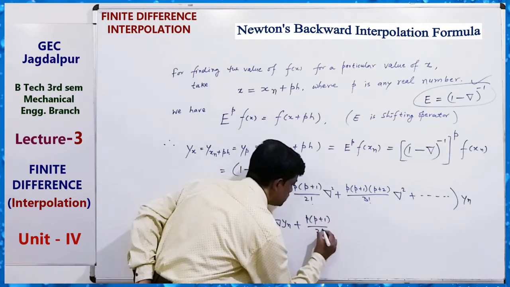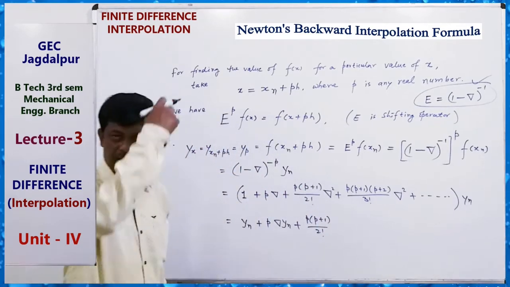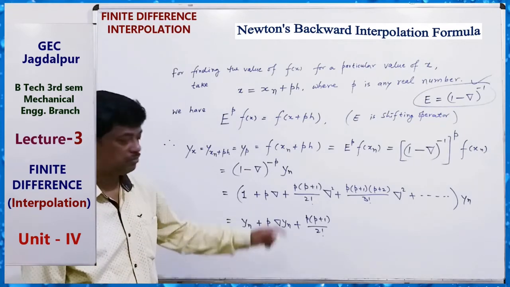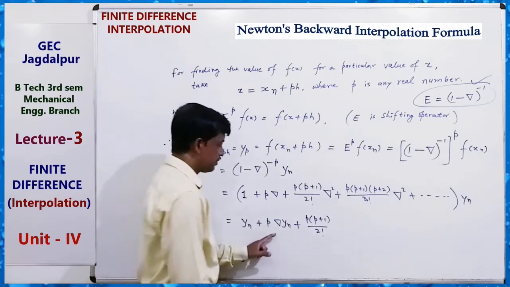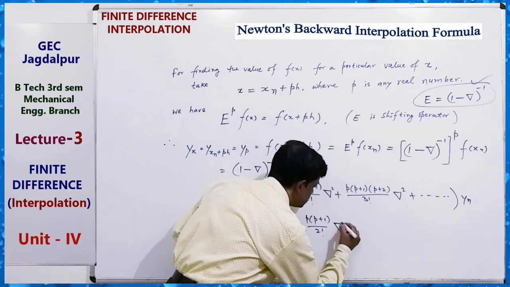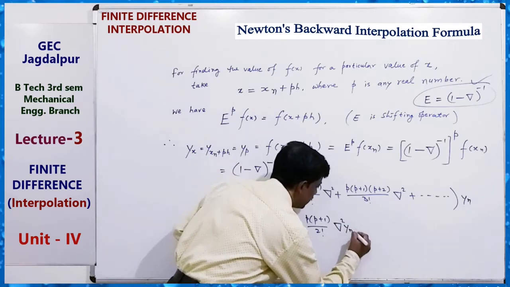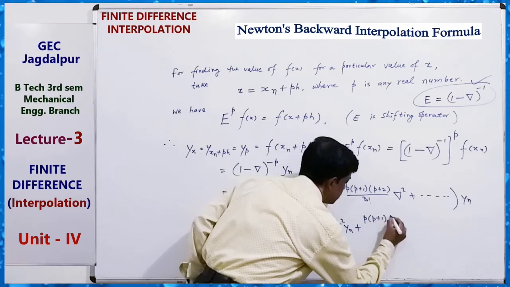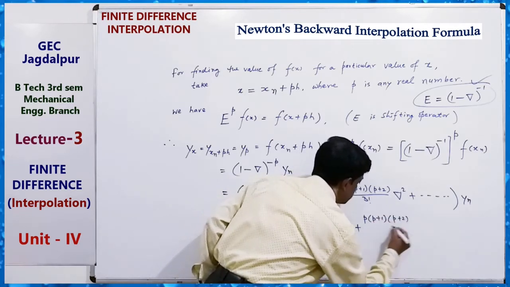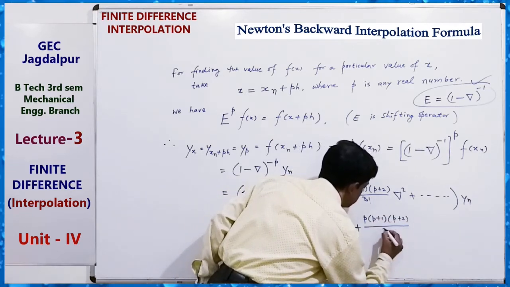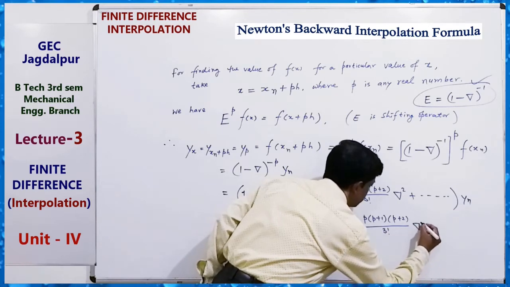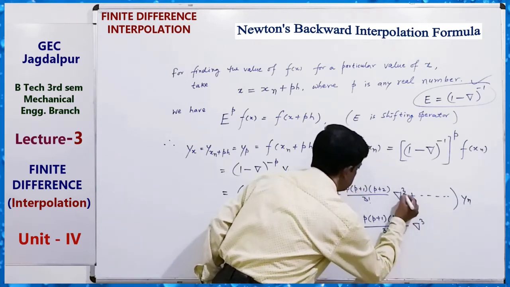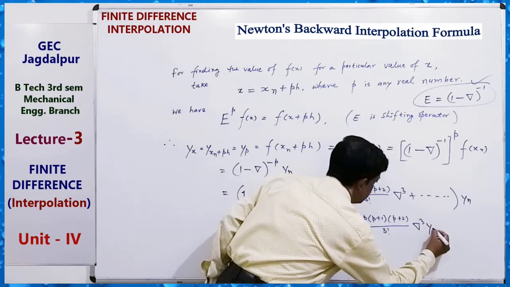So here the sign is maintained as plus, and in the forward formula it is minus. Then backward del square yn plus, then P into P plus 1 into P plus 2 by 3 factorial backward del cube yn.